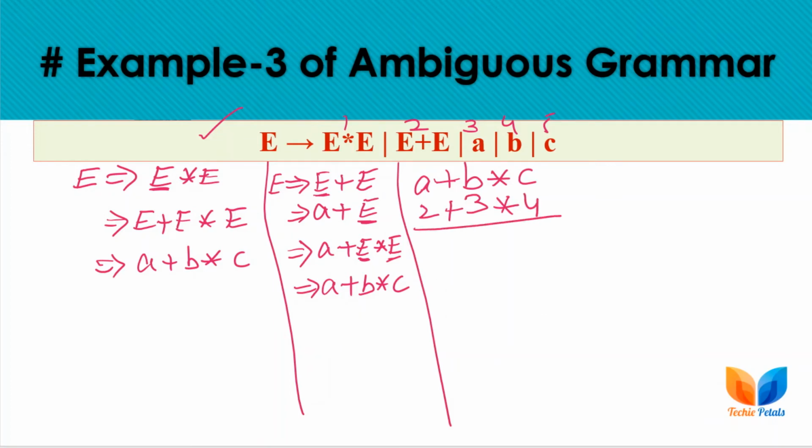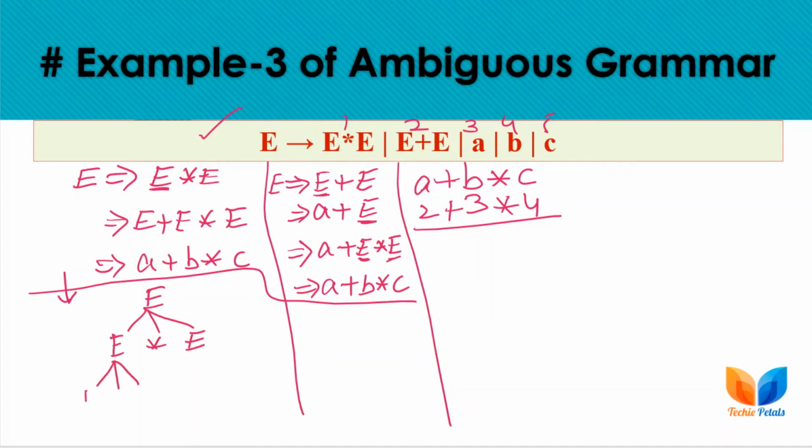We have two derivation trees here. Let's draw the derivation tree for the first as e into e, and for the leftmost e we have e plus e. Here a, b, and this e is representing c. So this is the derivation tree for the second production rule.